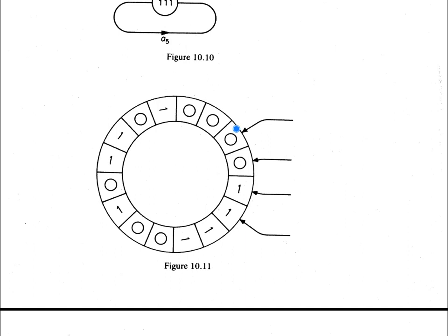Here I have 1, 1, and its final part is the initial one of this. So I have an arc going like this, and the label is 1, 1, 0.